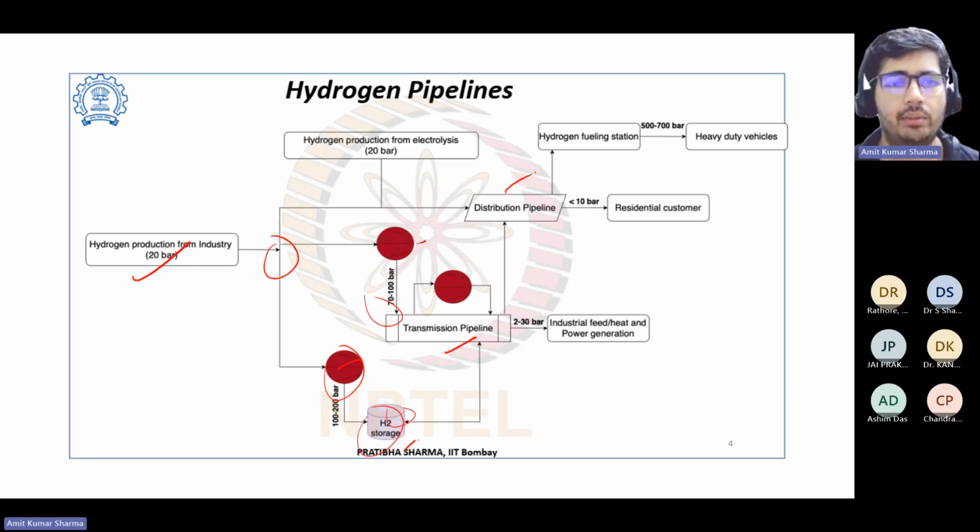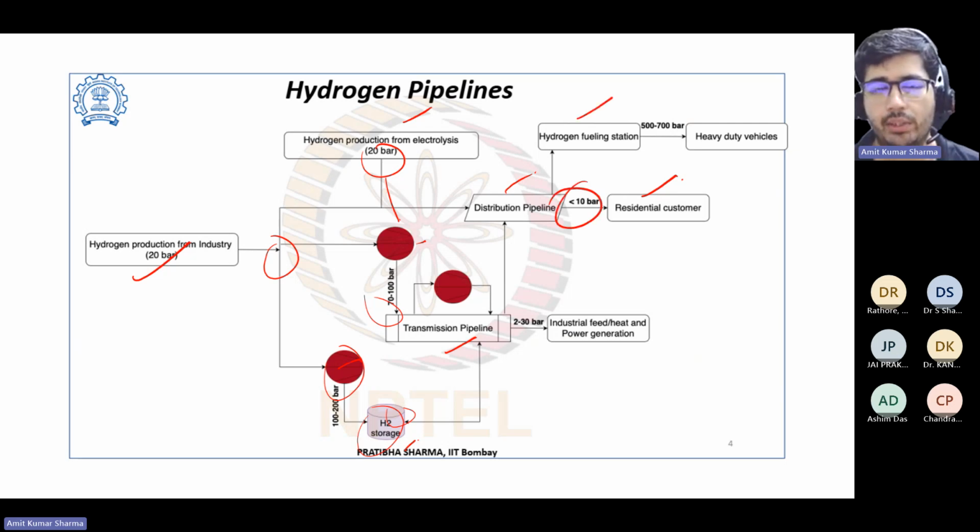You can directly have this pressure from the electrolysis and put it into the pipeline. If you are supplying customers in colonies, it should be less than 10 bar. For a fueling station, you need to further compress it up to this bar, then you can fill the vehicles.